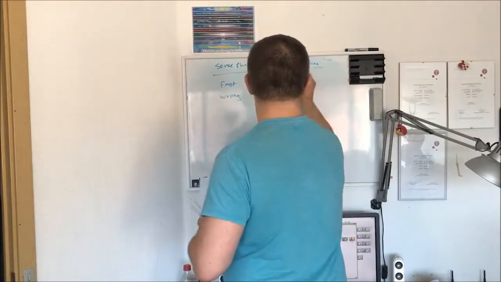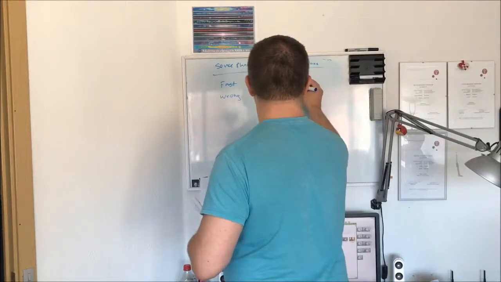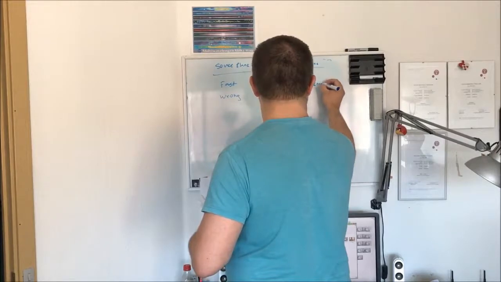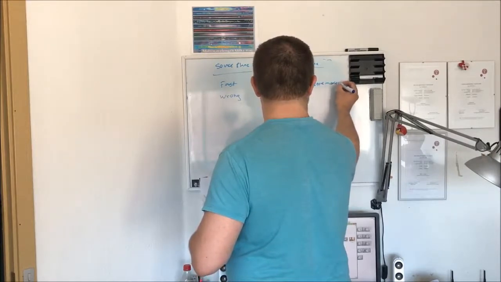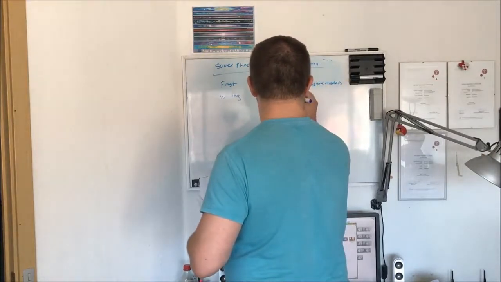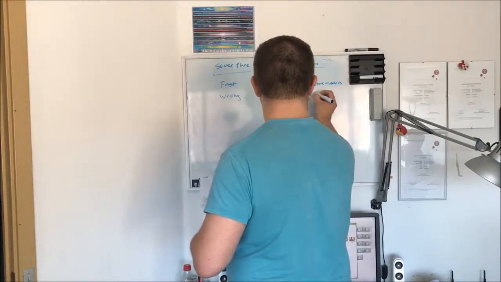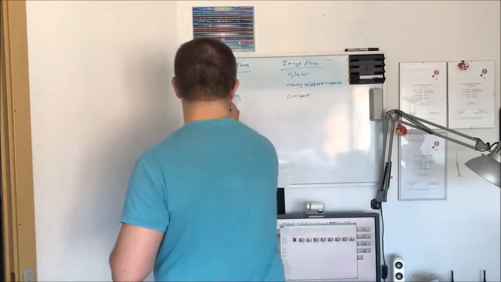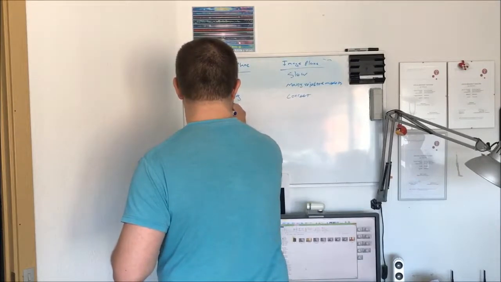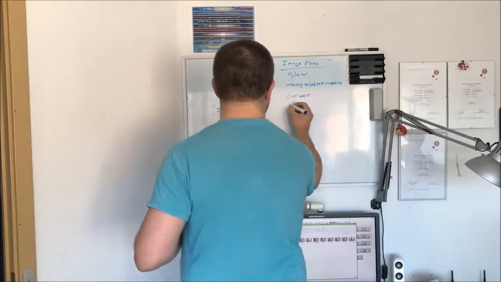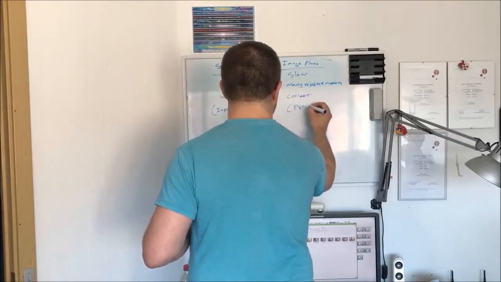Image plane: slow, many rejected models, but it is ultimately correct. You can also say in parentheses this is imprecise, this is precise.